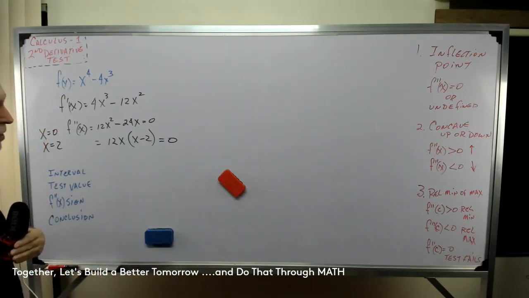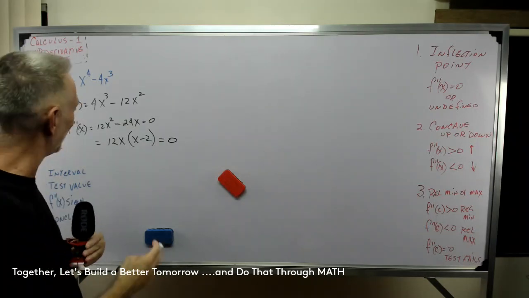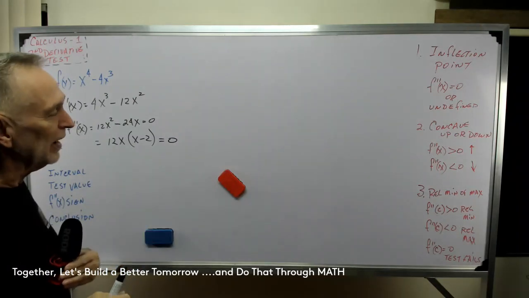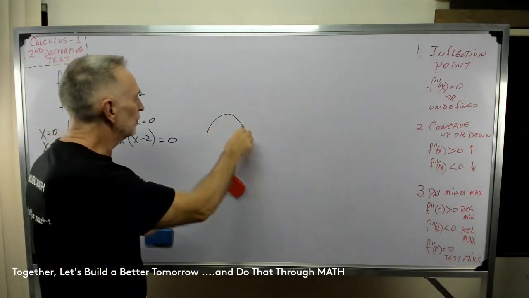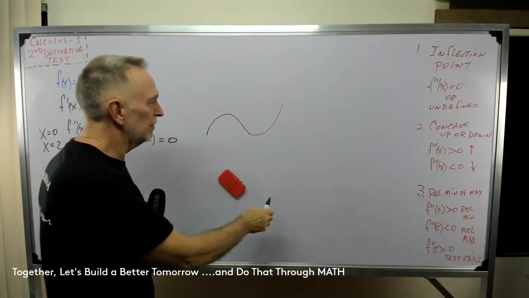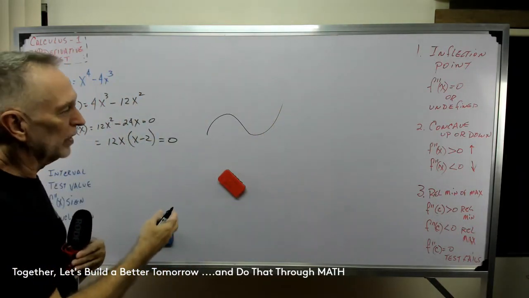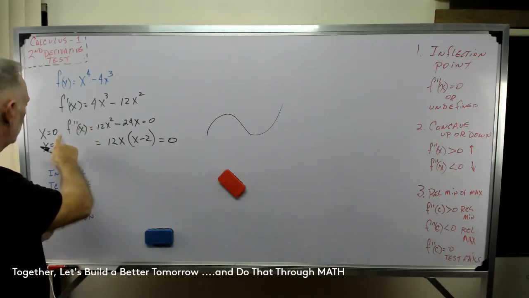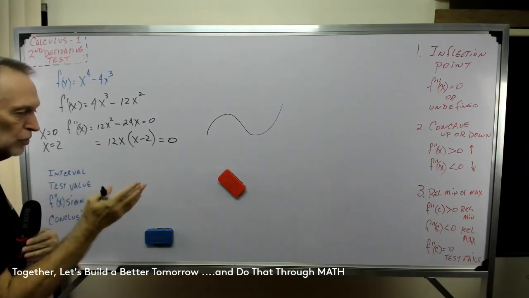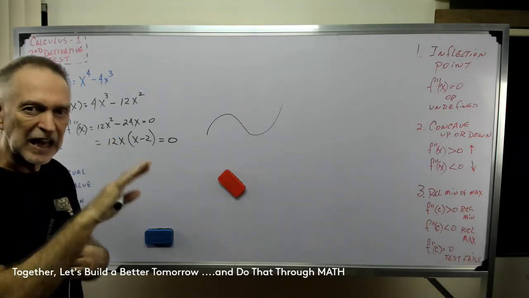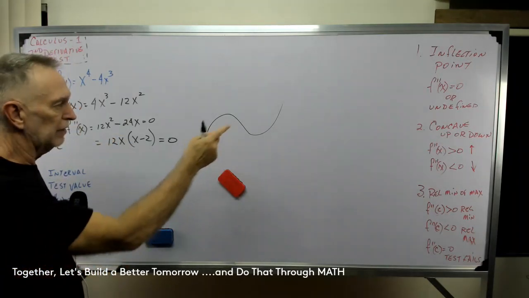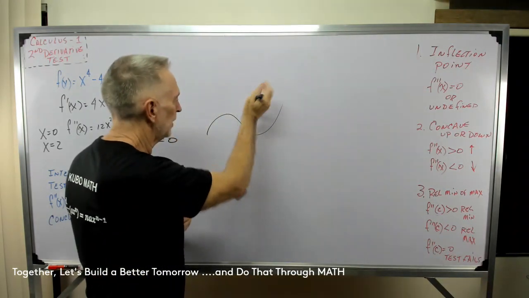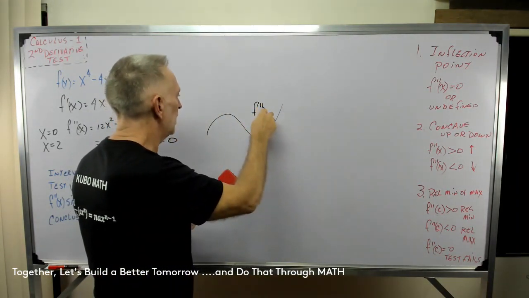Okay, you may be thinking, big whoop, what does that mean? Okay, look at our rules. Now, if we wanted to know if the function's concave down or concave up, we can do that by taking these values, x equals 0, x equals 2, looking just to each side of those and seeing if f double prime is greater than 0, then it's concave up.